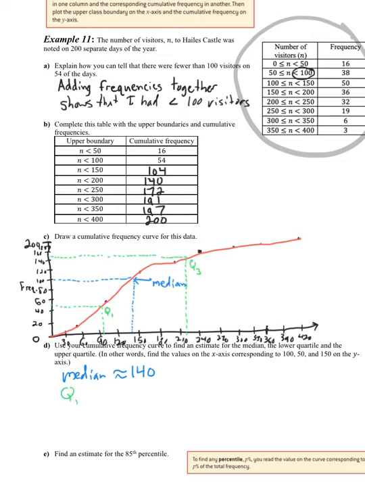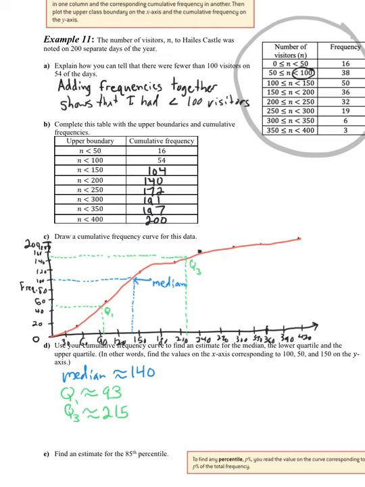Q1 is going to be, let's see, 92, 93? I'll say 93. And then Q3 is going to be approximately 215, something like that. That's kind of how we tell where our 3 points are going to be.